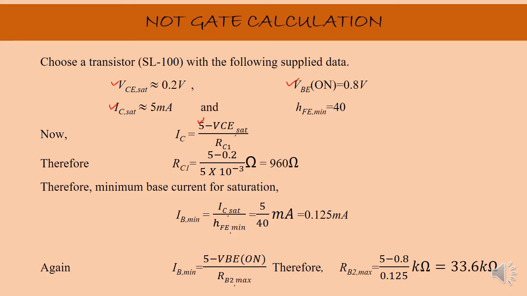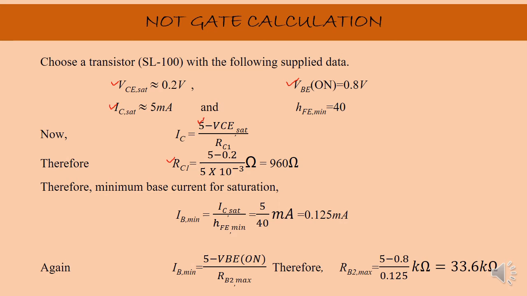Because we know from Ohm's law, I equal to V by R, so R equal to V by I. Here R is RC1 and V is 5 minus 0.2 volt, divided by IC, that means 5 into 10 to the power minus 3. So we obtained 960 ohm as the value of RC1.